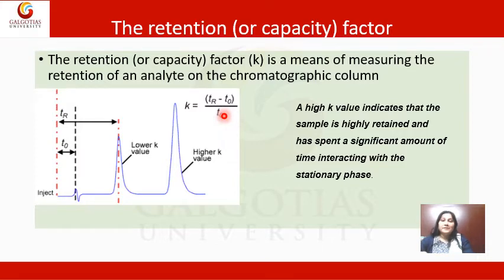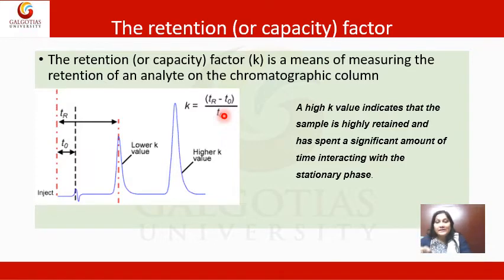What does it mean? Suppose we are using hexane as a mobile phase, and we have a mixture of polar and non-polar components. A compound that has the greatest affinity with the hexane will elute out immediately when the solvent front passes.